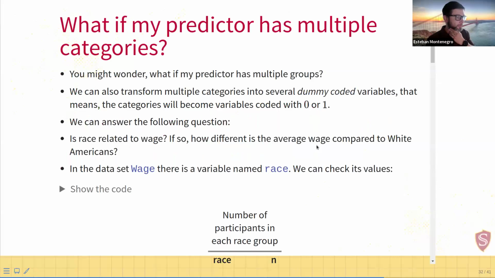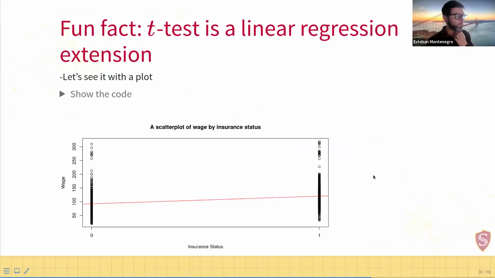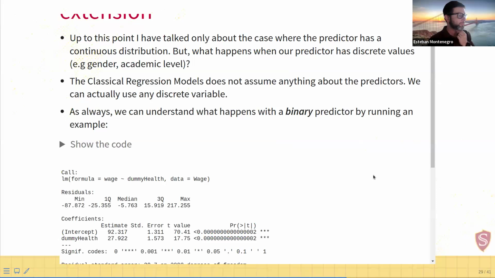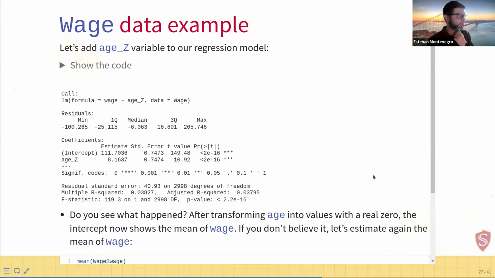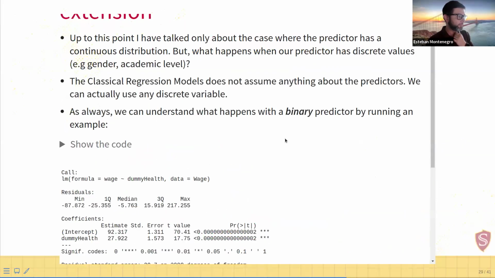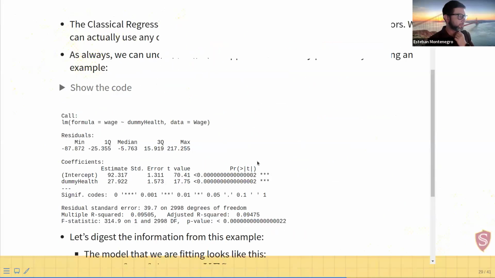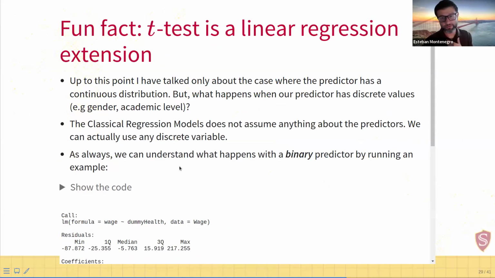The last time we were talking about how regression is exactly the same as a t-test, right? The t-test, as I mentioned in my last lecture, is just a restricted version, a restricted regression model.